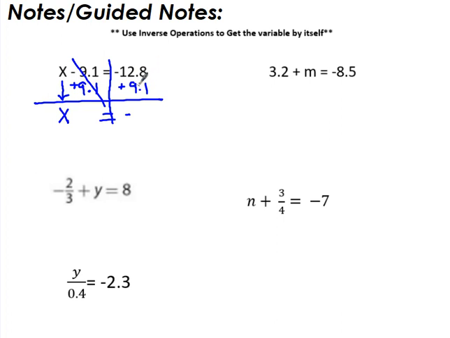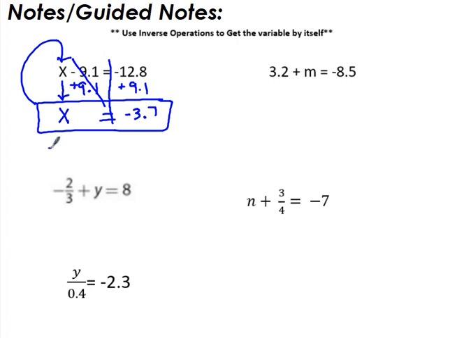When I subtract these numbers, 8 minus 1 is 7, bring down my decimal, and then 12 minus 9 is 3. So I got negative 3.7. So x is equal to negative 3.7. If I wanted to check my answer, I could take x equals negative 3.7 and plug it into x in my original equation.